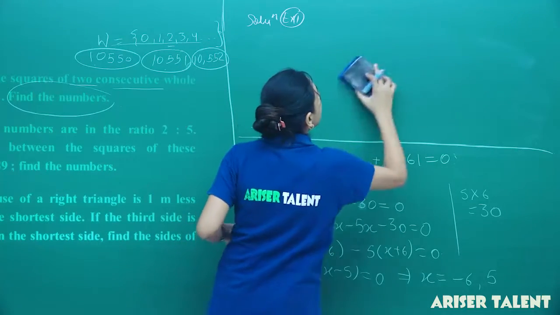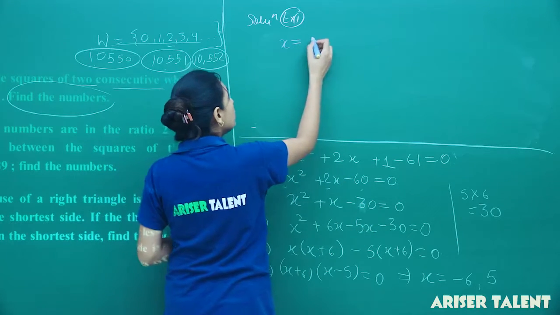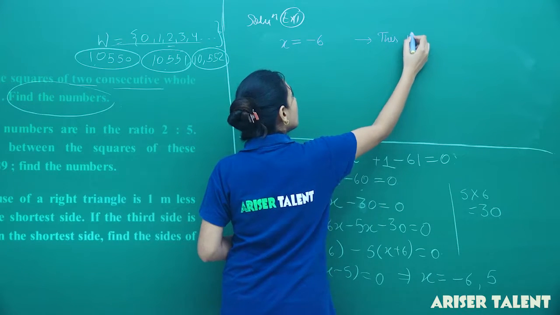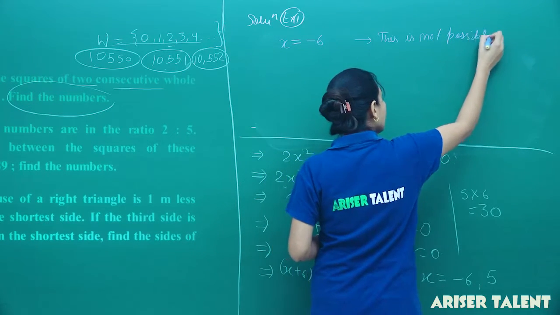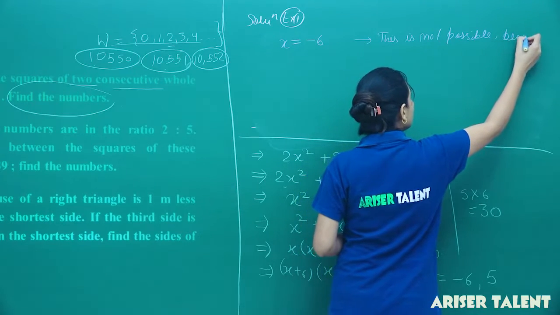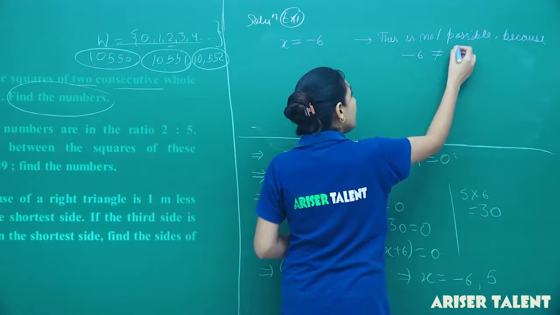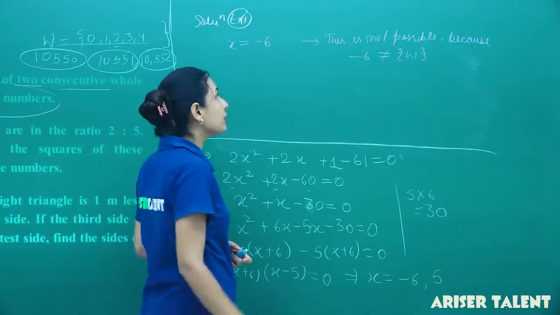Right. So students, x equals to minus 6. This is not possible. Why? Because minus 6 does not belong to whole numbers. Right?